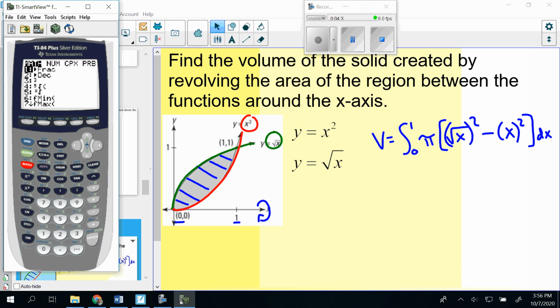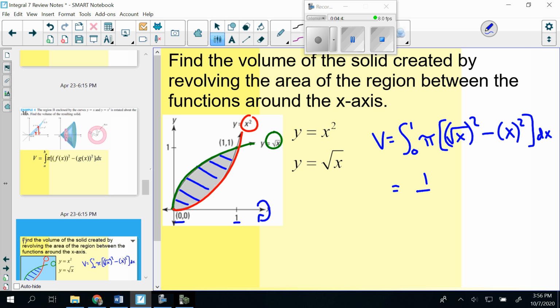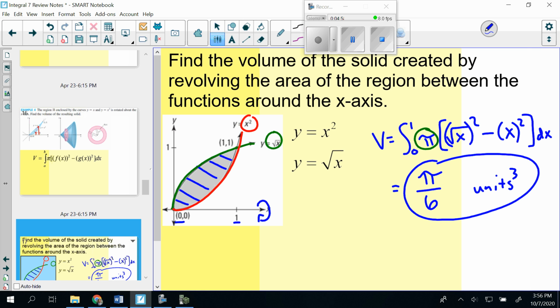And then type in our variables of integration here, hit enter, and it should give us an approximation. Remember, you can figure out what that is as a fraction, which would be 1/6. The thing you can't do here, though, is say the answer is 1/6. No, it's not 1/6, because remember, we have this constant pi here, so we want to make sure we include that. So put pi back in the answer. It'd be pi over 6 units cubed would be the volume.